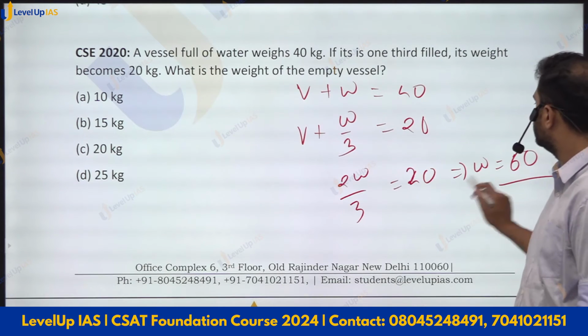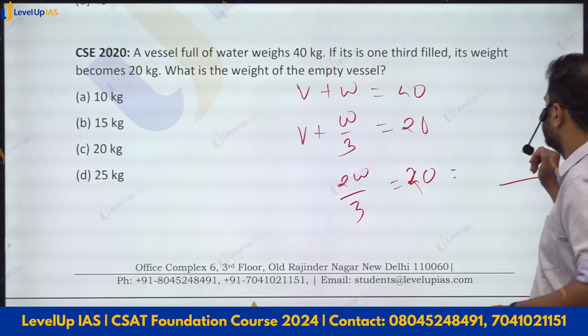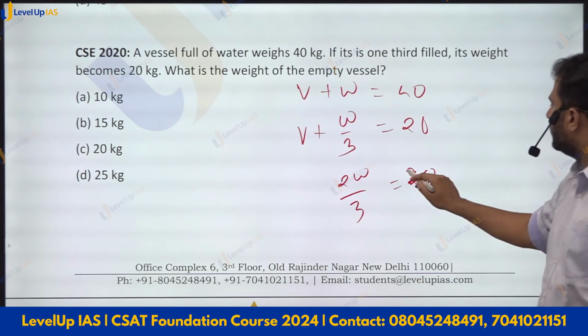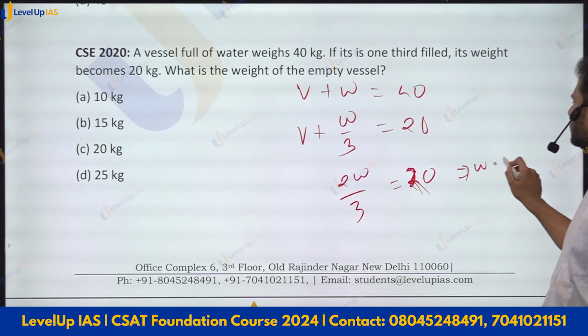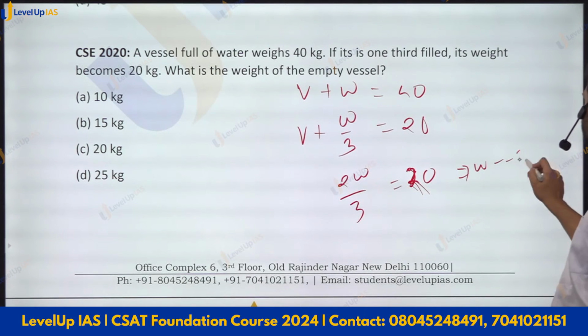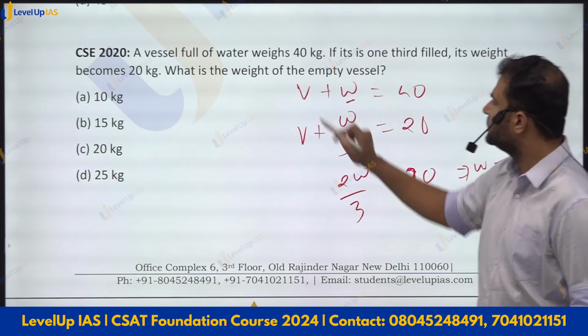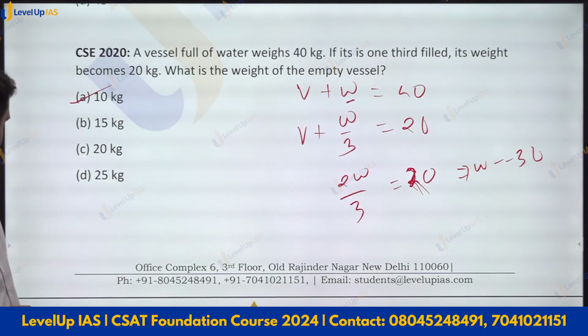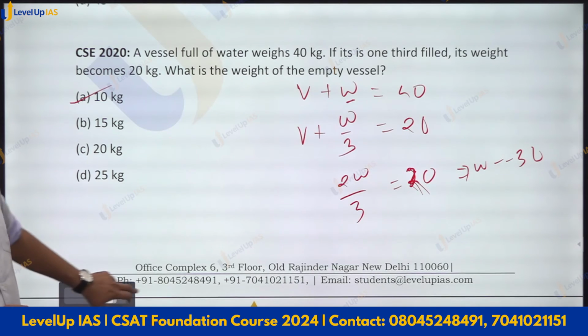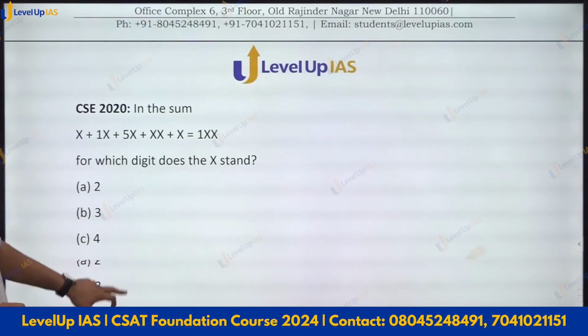This is 20. This is what is wrong. So we have 40 minus 20 is 20, right? So W is equal to 20 into 3 by 2, so 30. So this is 30, so this is 10. Empty vessel is 10 kg. All you have to do is form the equation and solve the equation.